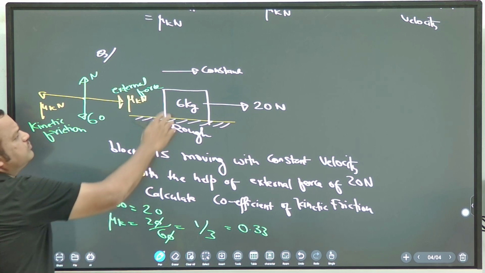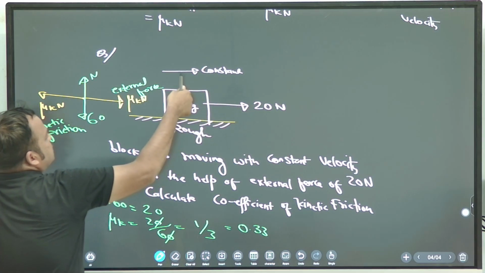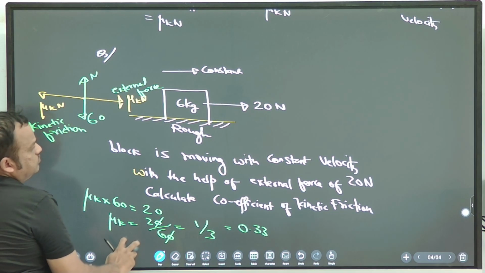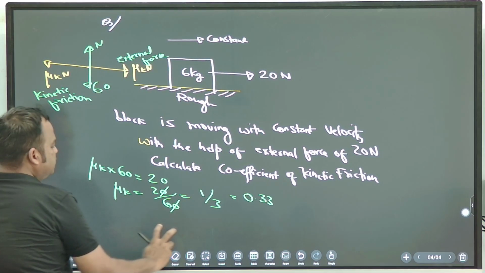Okay, clear? Understood? So block is moving with constant velocity, so external force and friction force equal. Okay, done?